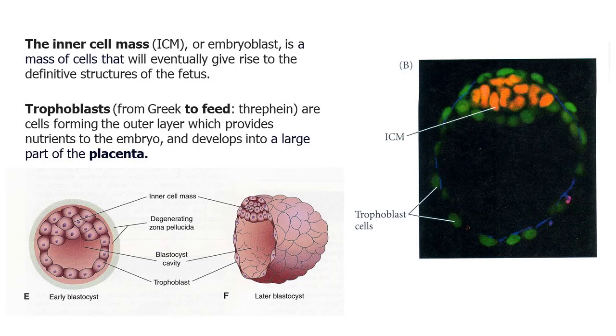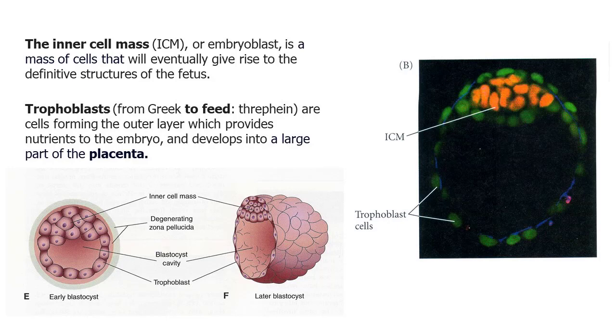They're not totipotent anymore. The cells of the inner cell mass, that is going to become you. The cells in the surrounding shell are the cells of the trophoblast, and in Greek, trophene, which we get tropho from, means to feed.